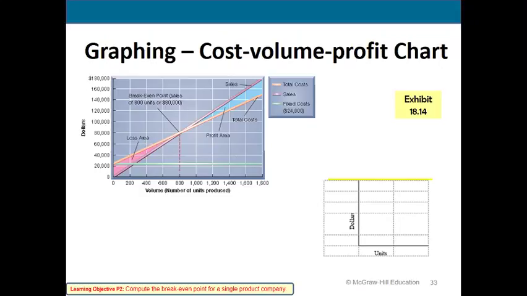Anything to the right on the chart of the break-even point is where you have a profit, and anything to the left of the break-even point is where you have a loss.